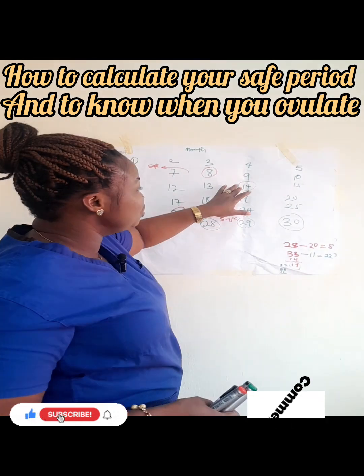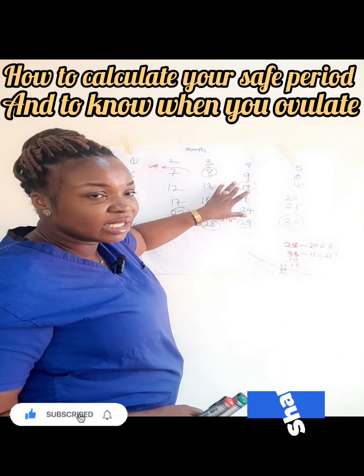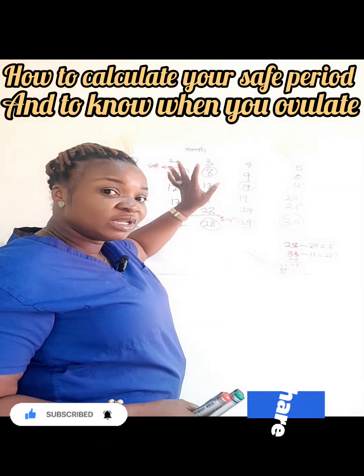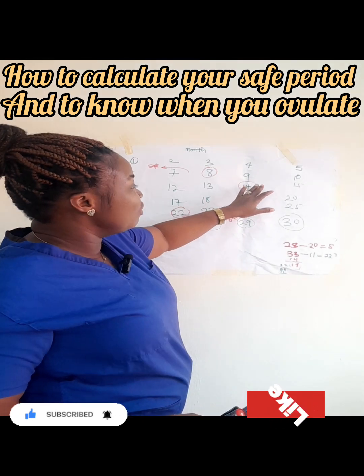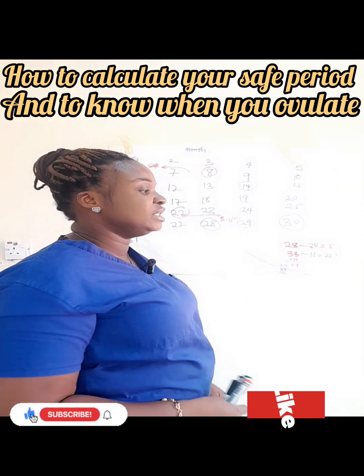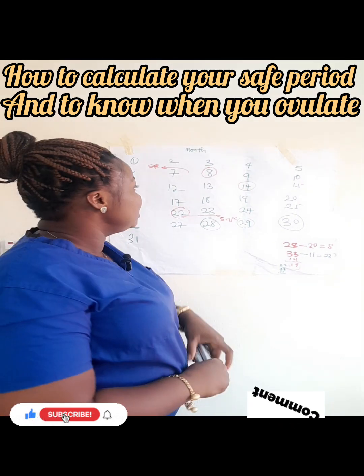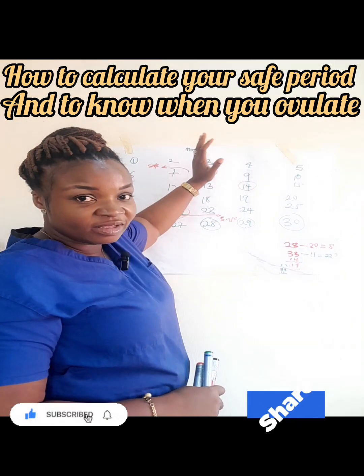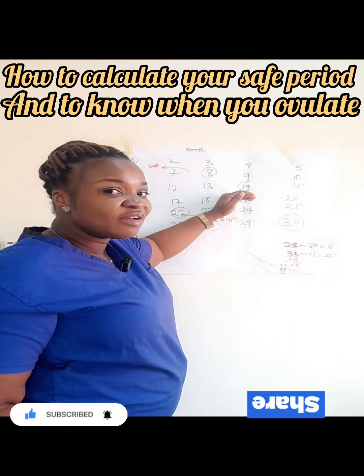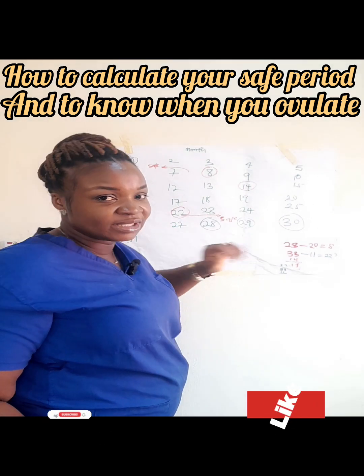Assuming you ovulated on the 14th day, from the first day to the 14th day is your follicular phase. After ovulation, before the next menses, is your luteal phase. Now, this follicular phase can vary depending on your cycle length. However, this luteal phase remains constant.